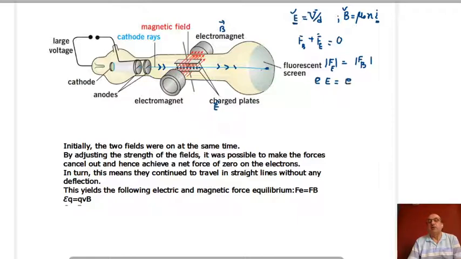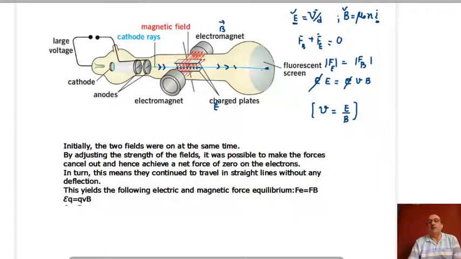So it will be eE equals evB, and we will get v is equal to E by B. This equation is also known as the velocity selector equation.